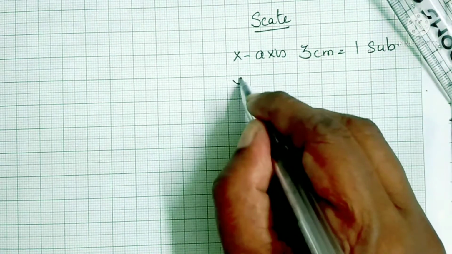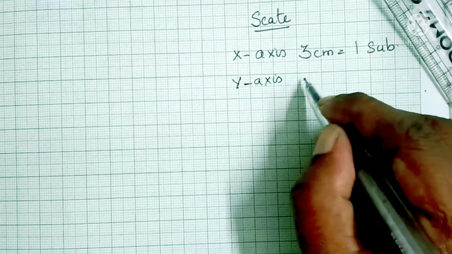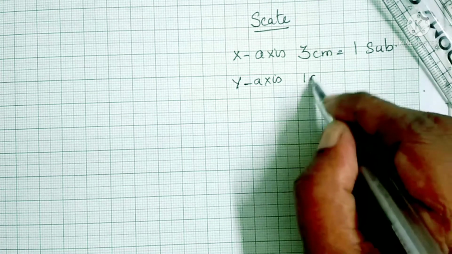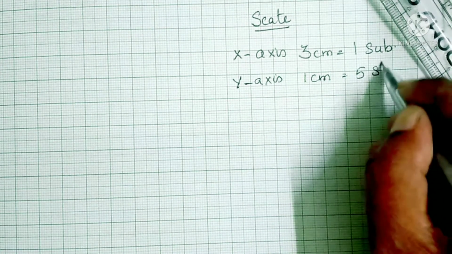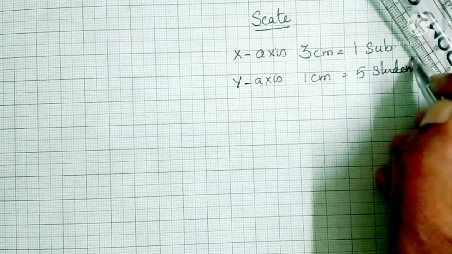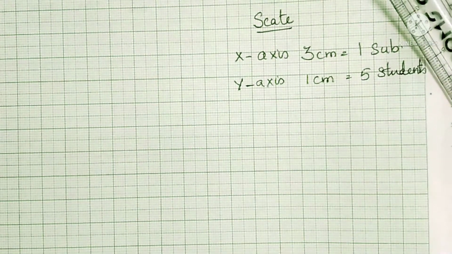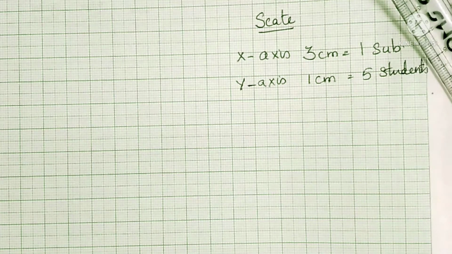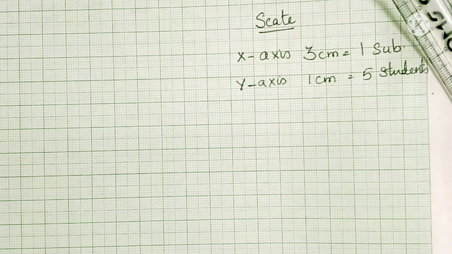And on the y-axis, 1 centimeter is equal to 5 students. One more thing you have to do is, we will make 2 bars for each subject. We have to decide which bar is for which year, which we will do after drawing the bars.